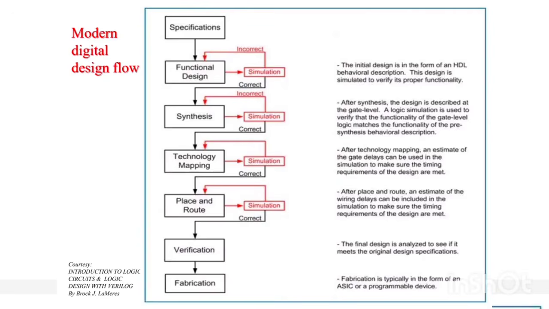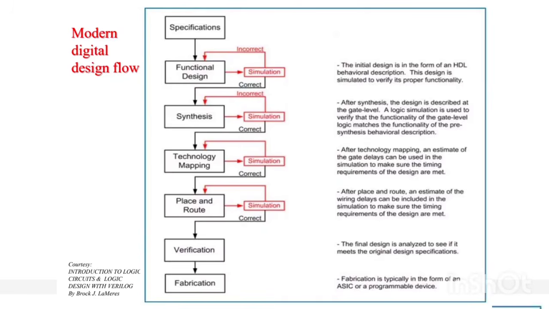Once it is corrected, we move to the synthesis step, and in this synthesis step also logical simulation is used to verify the functionality of the gate level logic. If it's found incorrect, we do the synthesis process once again.